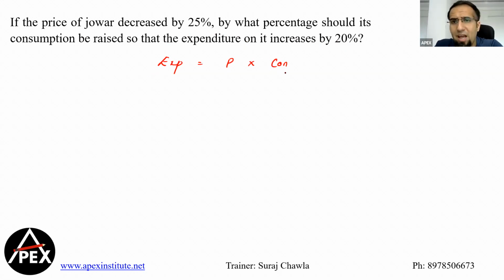I am given the price reduced, so this is given to me. This is also given to me, and I'm asked the change in this, which means it is still coming under successive percentage change. So this is a 25% drop. I do not know by what percentage this is increased, but overall there is a 20% increase.